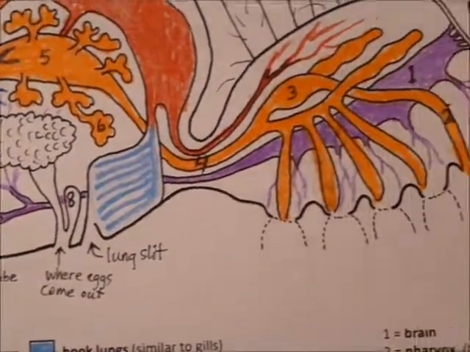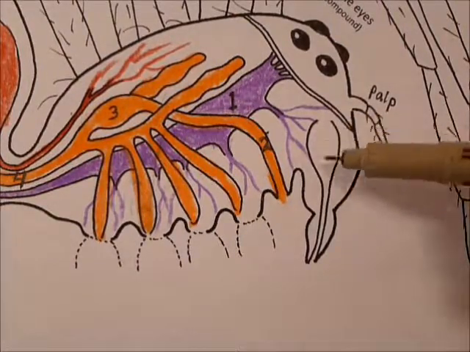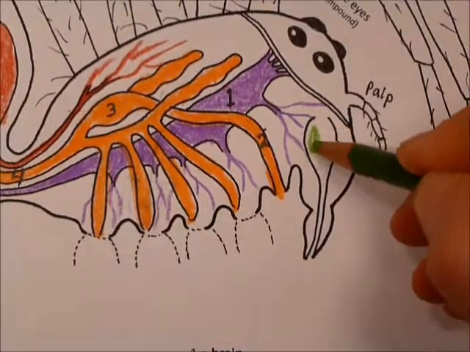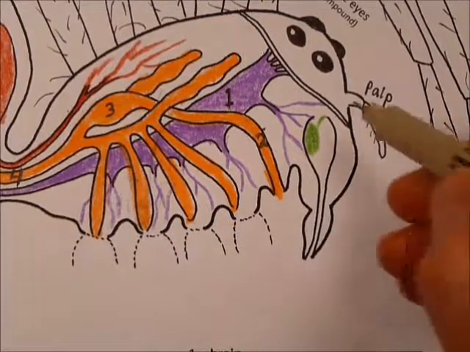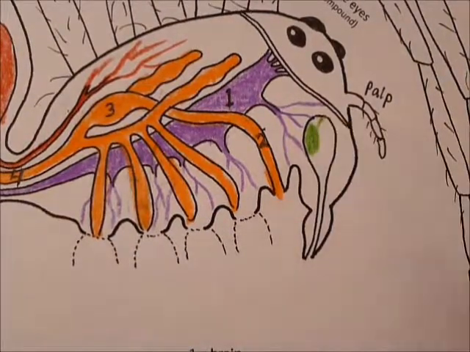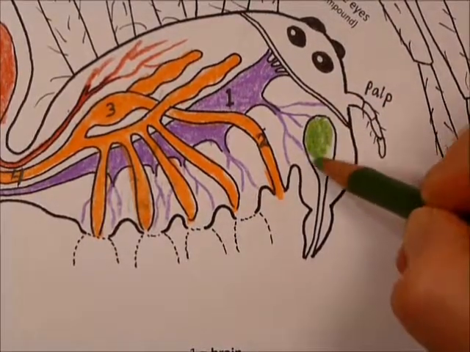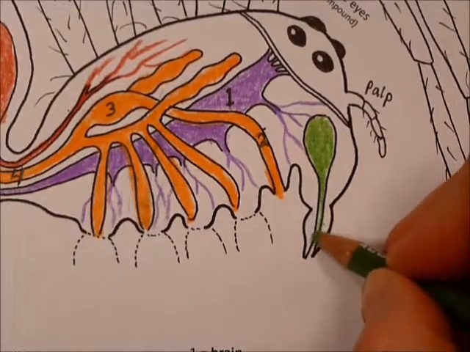And then we're going to slide up here, and what haven't we done here? The most exciting part of the spider, the venom gland. And I'm just going to close that off like that. And so this would be the fang.